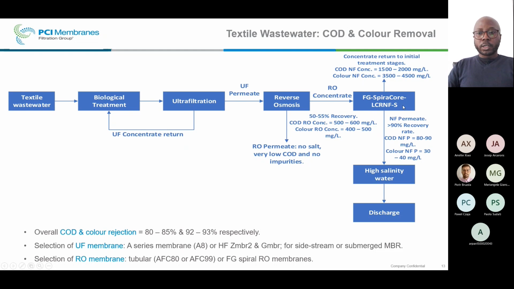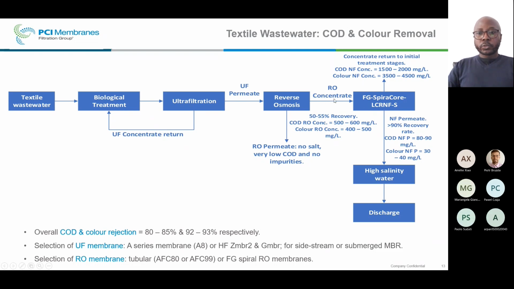So the concentrate is processed to achieve a 90% recovery of the water from this process, in which case the COD from the concentrate itself is also reduced further in the permeate to about 80 to 90 milligram per liter. This also allowed a color in the permeate from this stage around 30 to 40 milligram per liter.